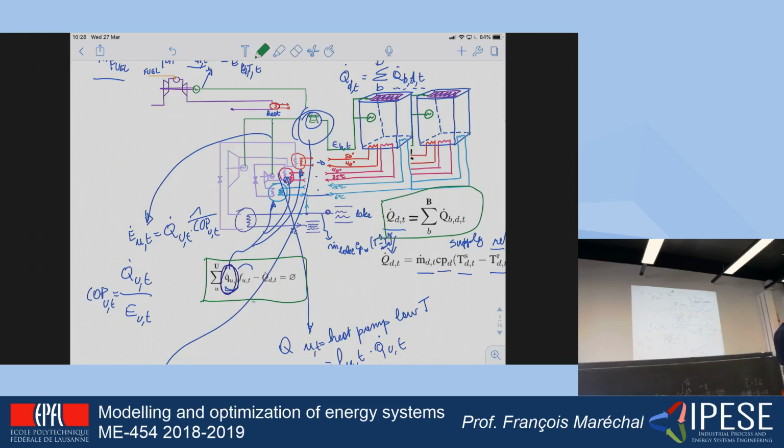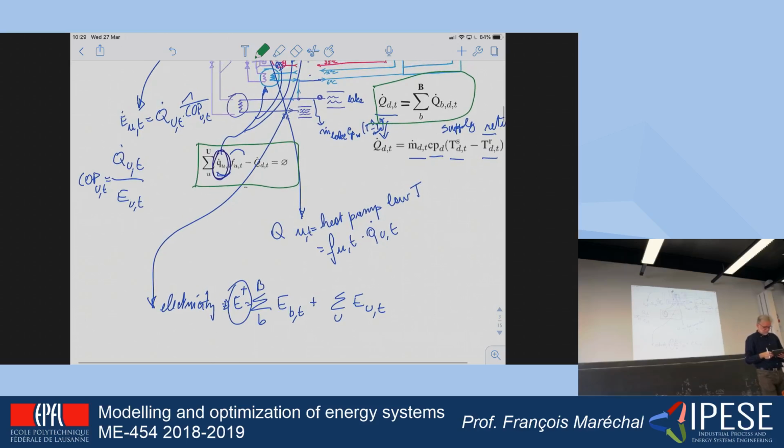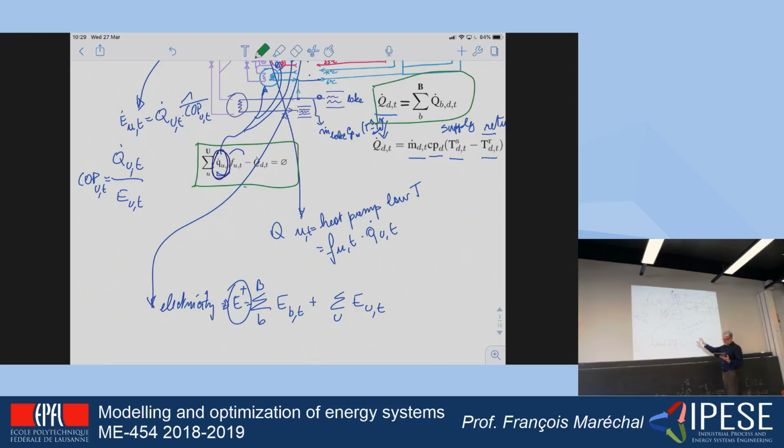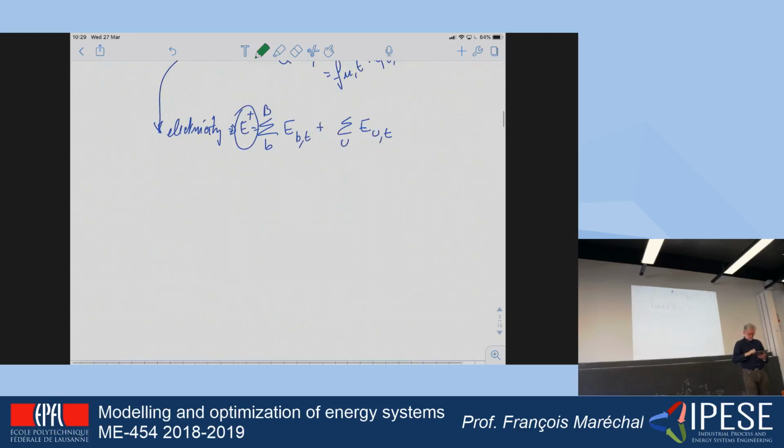And we have as well seen that the COP was calculated as a function of the temperature of the distribution system and as a function of the temperature of the resource that we have. So for example, the lake that is available. Okay, so which means that at the end I will be able to write another balance, which is the balance of the electricity consumption.